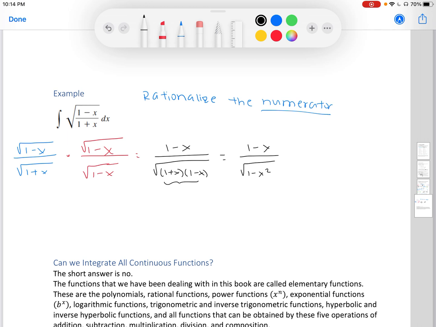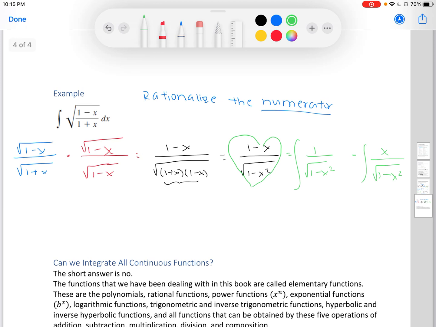And from there, we can go ahead and split our integral. Remember, it's divided by those 2 numerators. So we have 1 over the square root of 1 minus x squared minus x over the square root of 1 minus x squared.